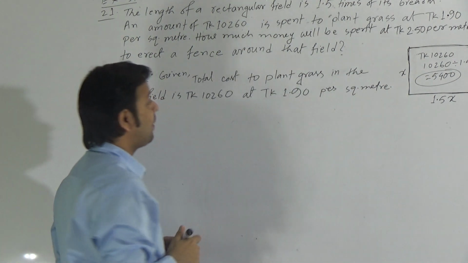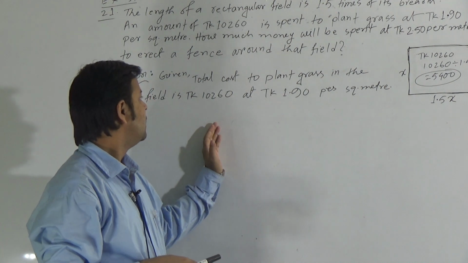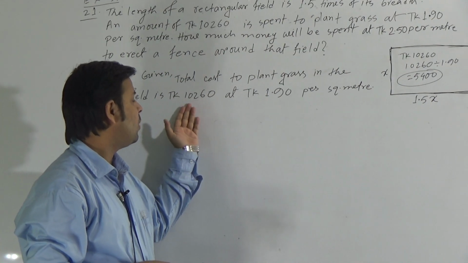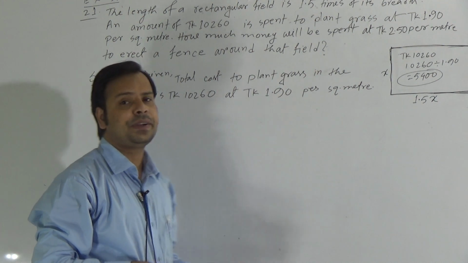So the total area of the field must be, if we divide 10260 by 1.90, we will get the area.